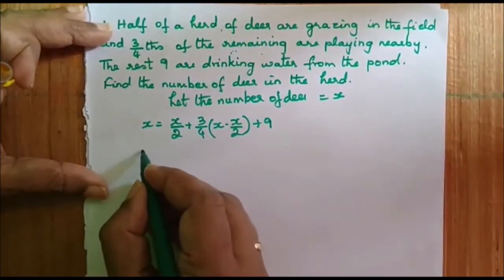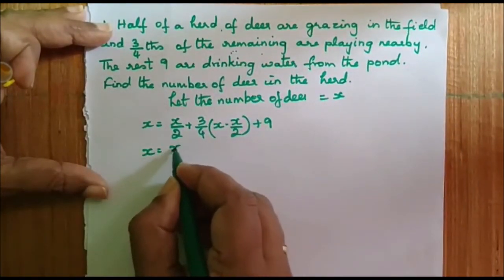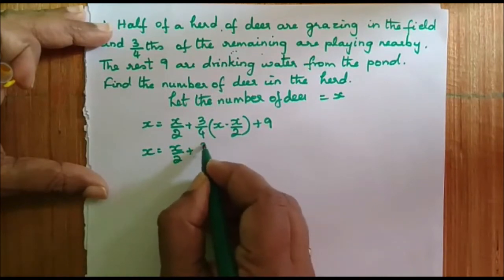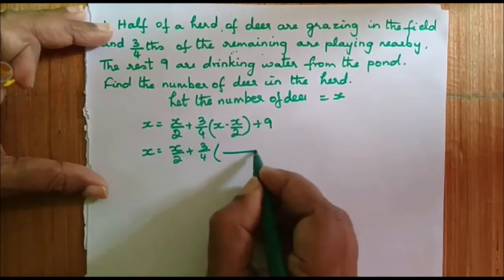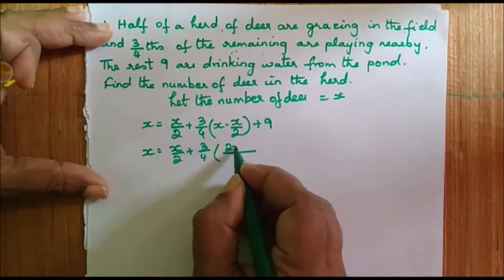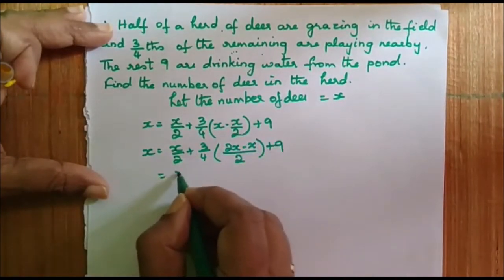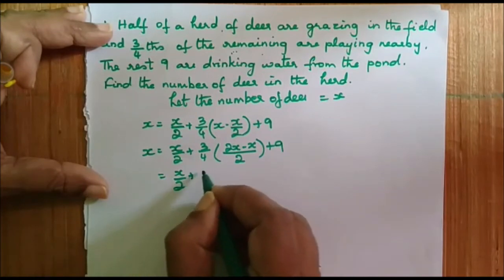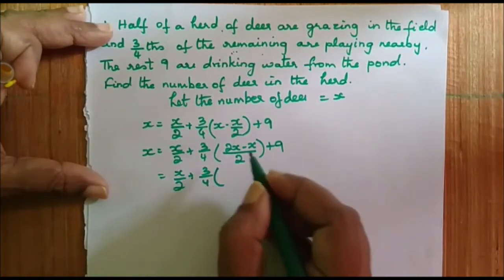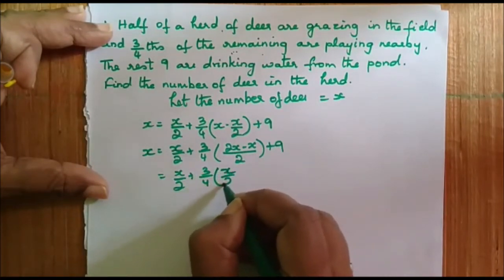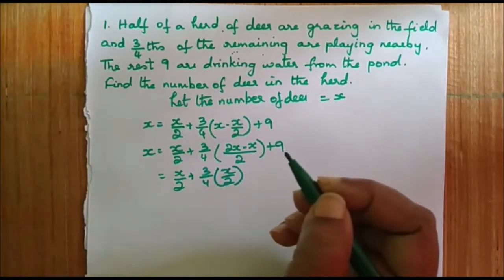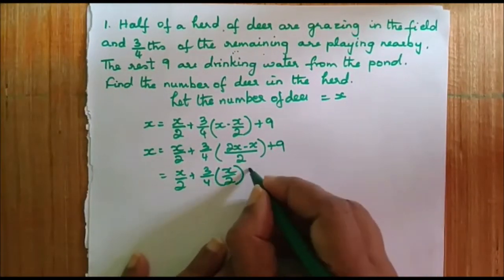So this can be further reduced into x is equals to x by 2 plus 3 by 4 into, we will find the LCM, 2x minus x, this is x by 2, plus 9.